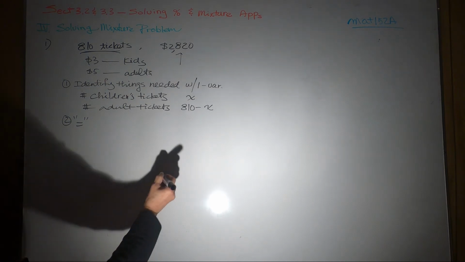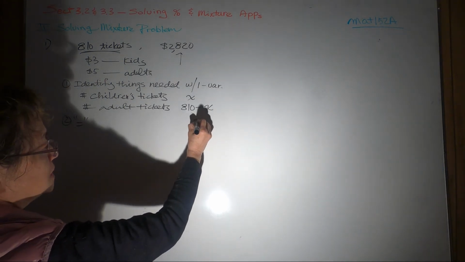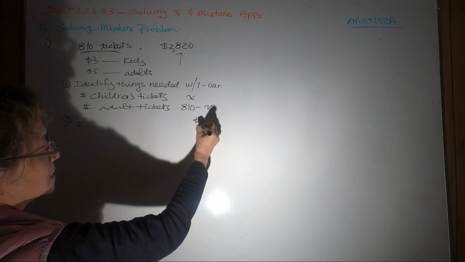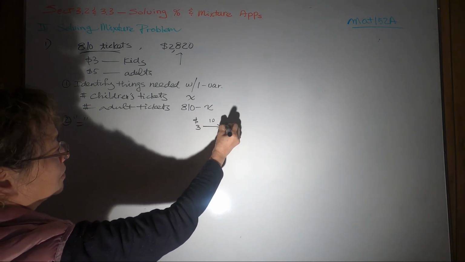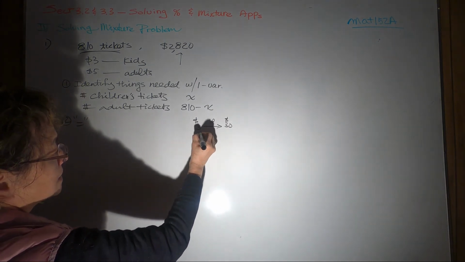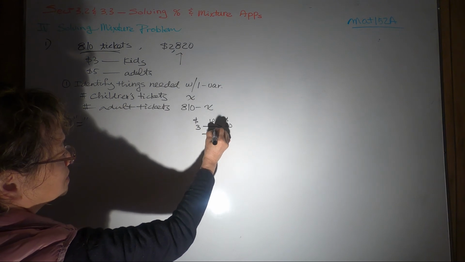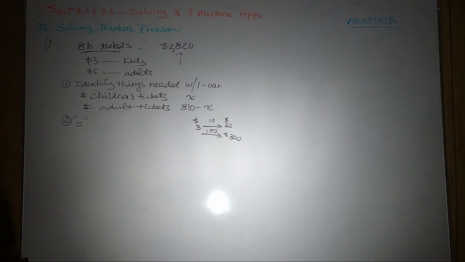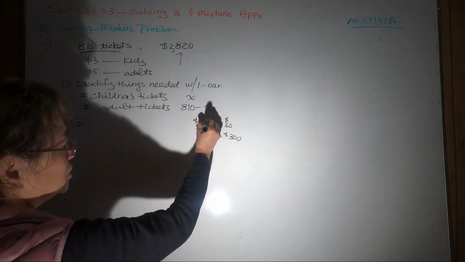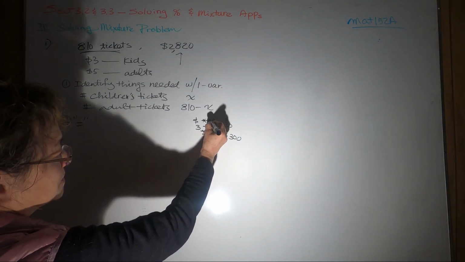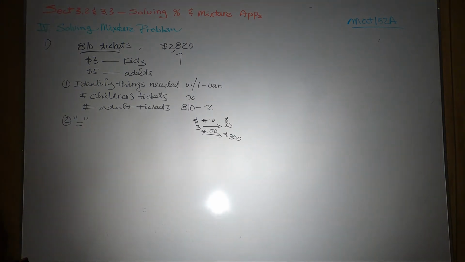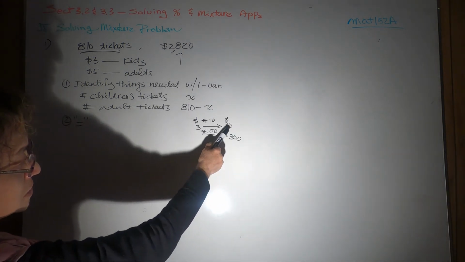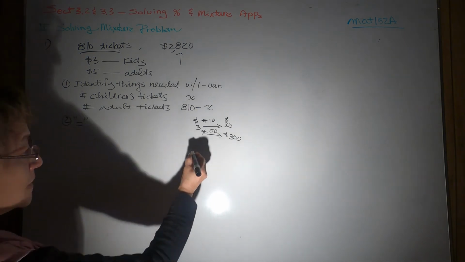If you have children, for each child, each one is $3. If 10 of them, that would be $30, right? If 100 of them, how much you will get? 300, right? How did you get that? So for each one times how many tickets you have, then that would be the total amount, right?